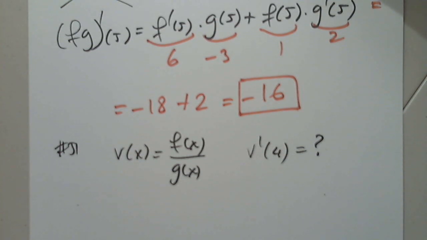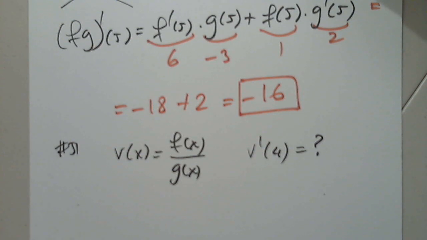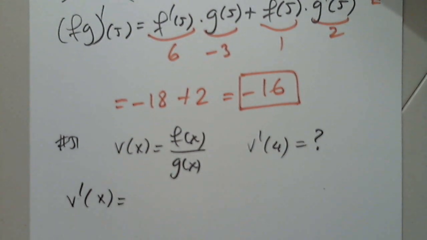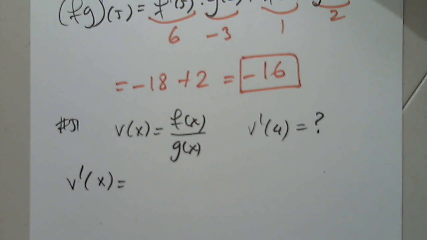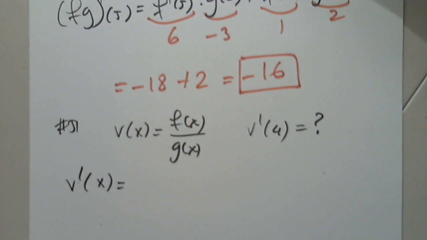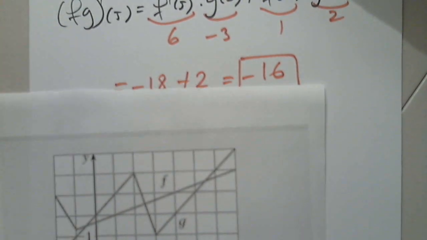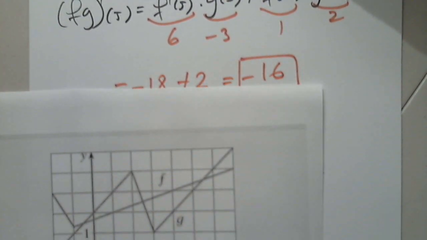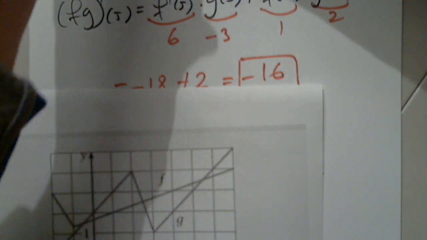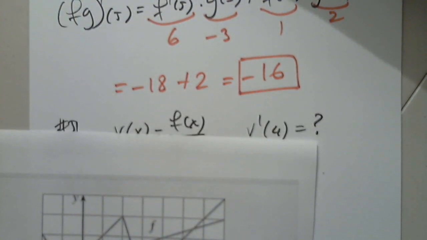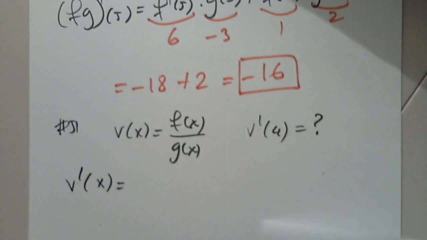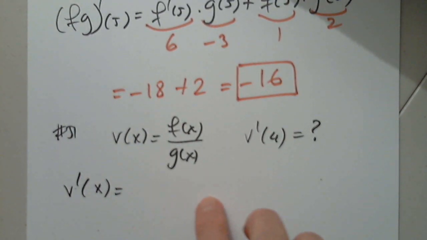Is it V prime of x? Of course. We cannot find V prime of 4 if we don't find V prime of x. Absolutely. Awesome. So what does V prime of x equal to? Can anyone give us the formula for V prime of x?